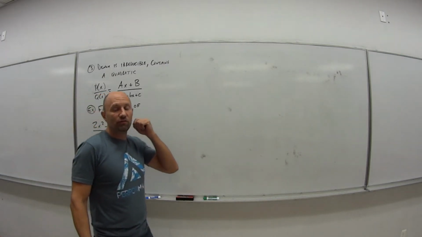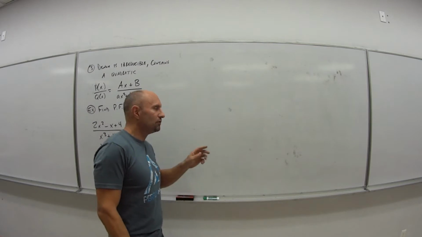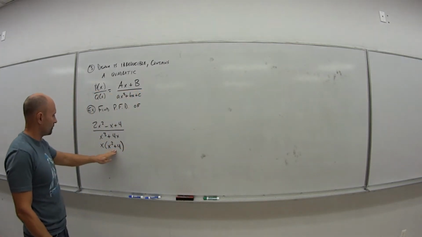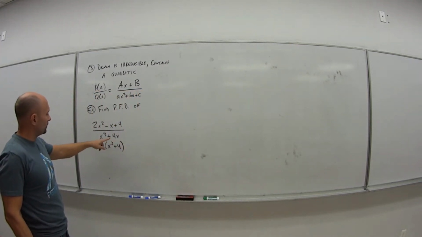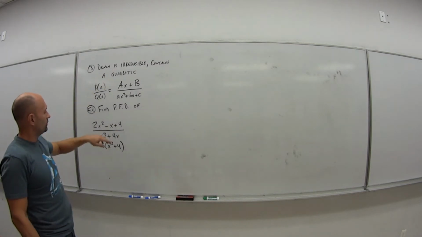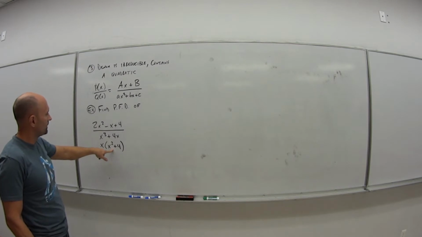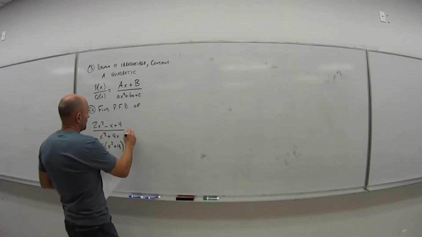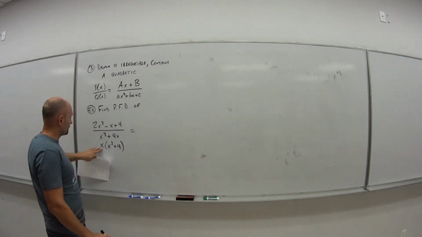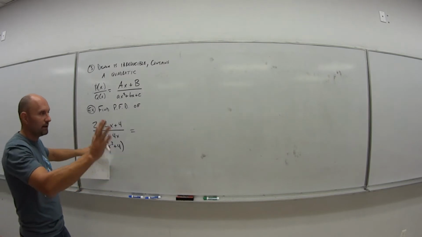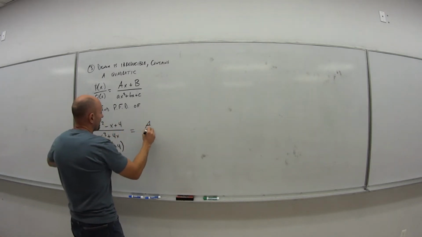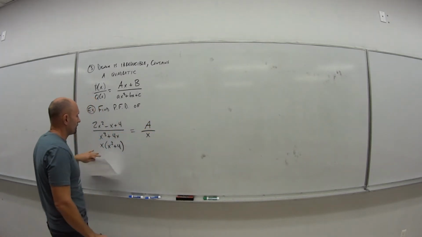I have a difference of squares formula. I don't have a sum of squares formula, which means this one will not reduce anymore, irreducible, and it has a quadratic, an x squared term. So to break this apart, first let's deal with this x. It's a linear, it's distinct, so that gives me my a over x.